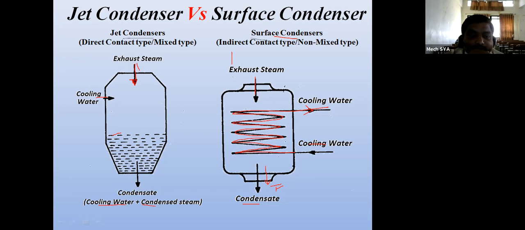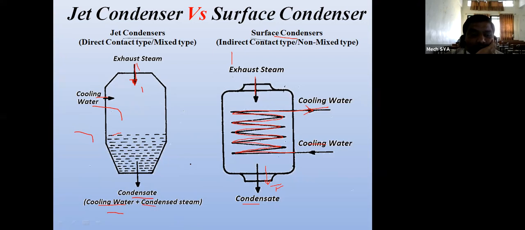The mixture consists of the condensate. It is only a mixture of the cooling water plus the exhaust steam that has been condensed. If this cooling water is not pure, then this condensate will not be very pure, and it cannot be reused directly in the boiler.